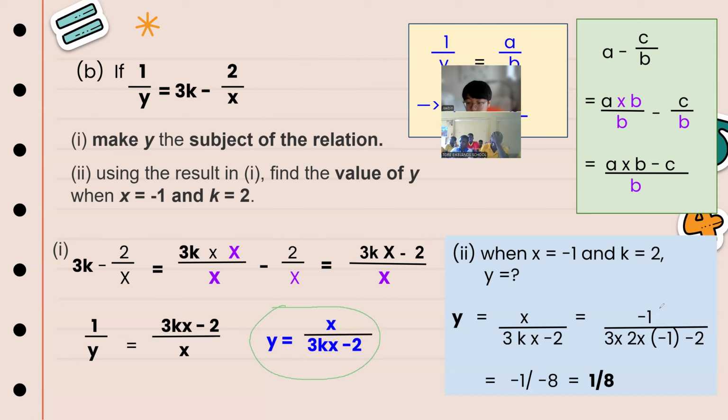This equals negative 1 over 3 times K, which is 2, times negative 1, minus 2. Then we get negative 1 over negative 8, which is just 1 over 8.